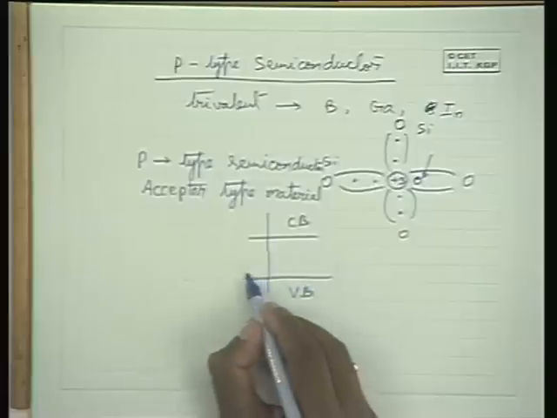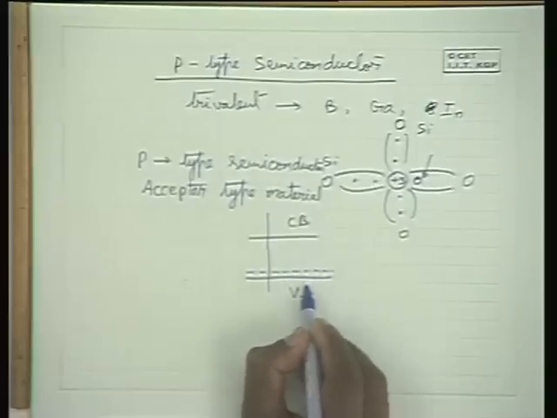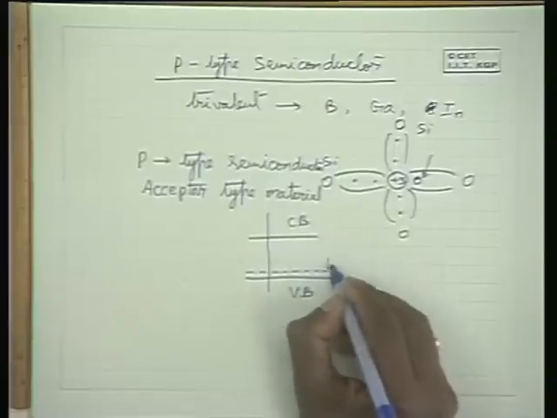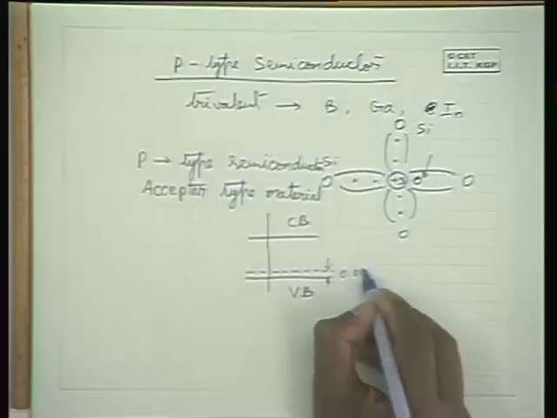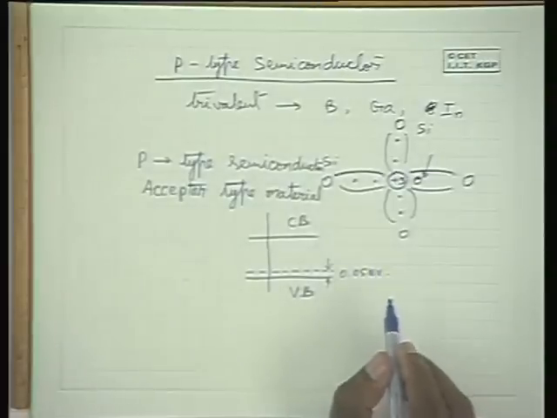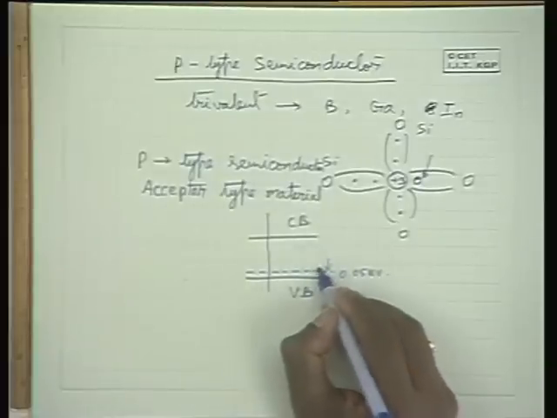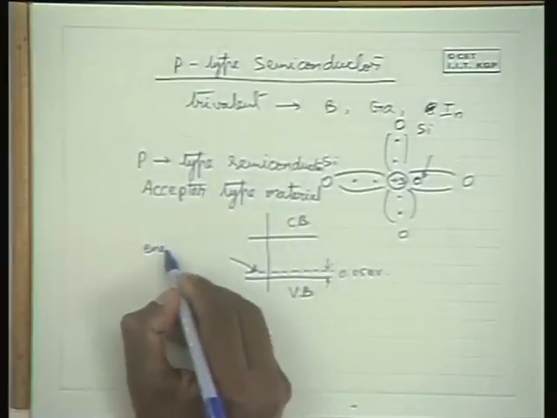Therefore, the holes formed have an energy level slightly outside the valence band. So the energy gap is again of the order of 0.05 electron volts in the case of silicon, and 0.01 electron volts in the case of germanium.